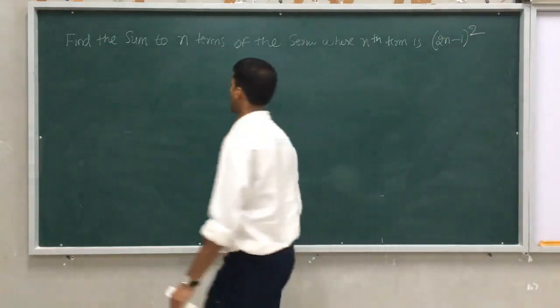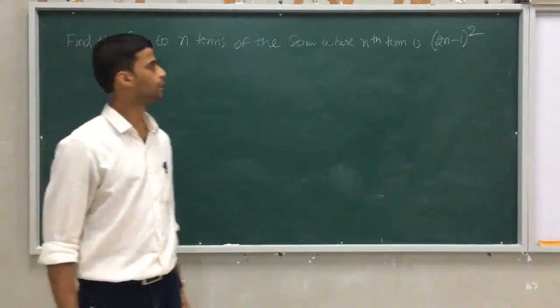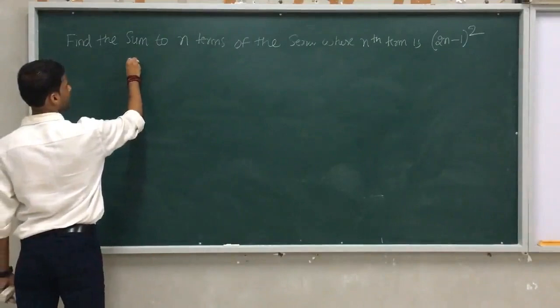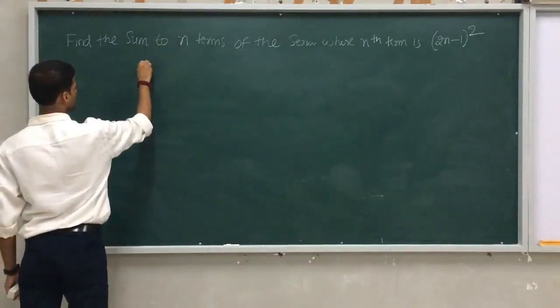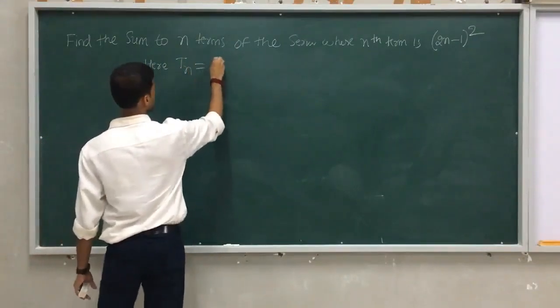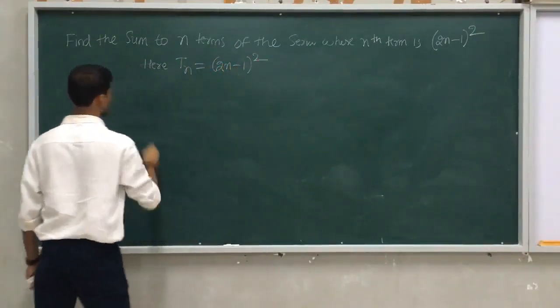Find the sum to n terms of the series whose nth term is (2n minus 1) whole square. Now, the nth term is already given, so here I can say Tn is equal to (2n minus 1) whole square.